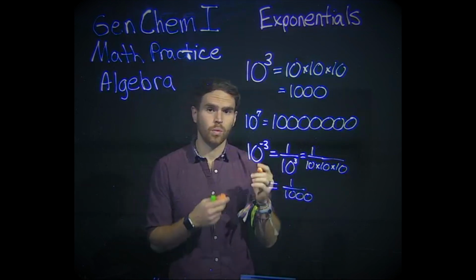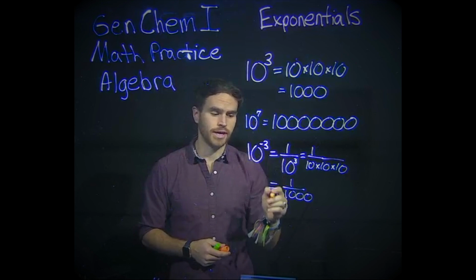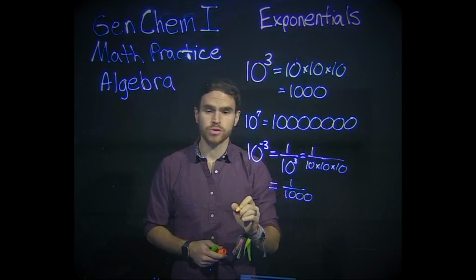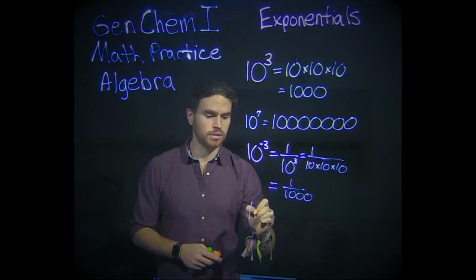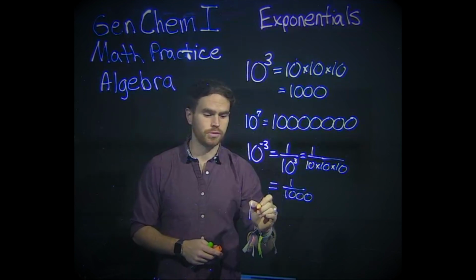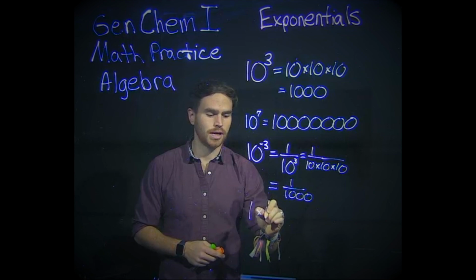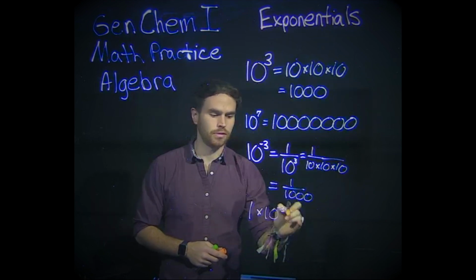Another common way to manipulate negative exponents is using scientific notation, which we'll use very frequently. 10 to the negative third is the same thing as saying 1 times 10 to the negative third.